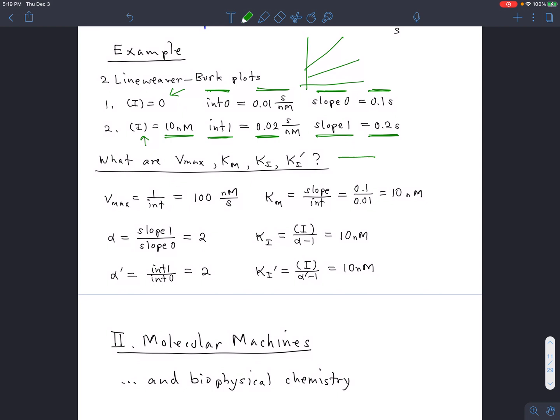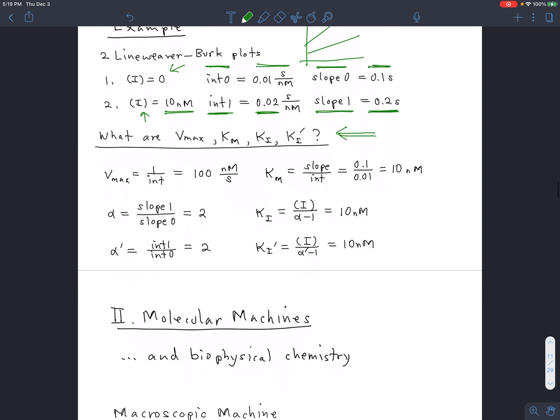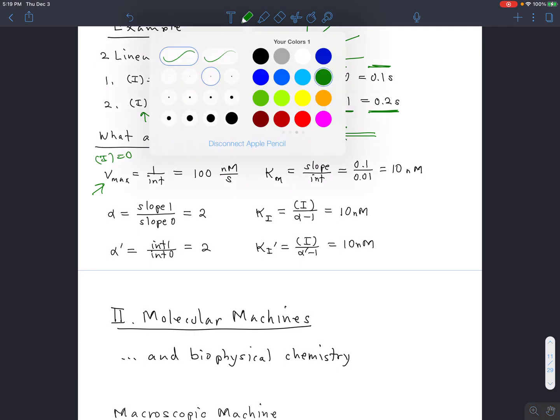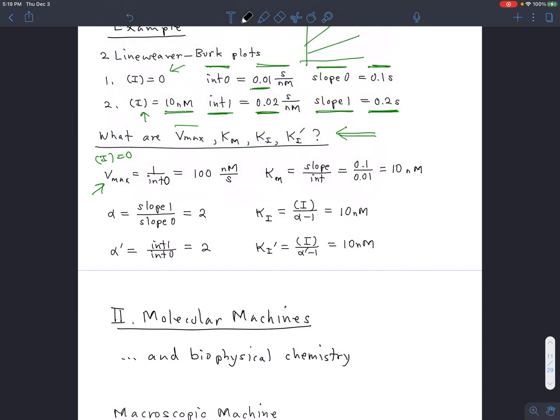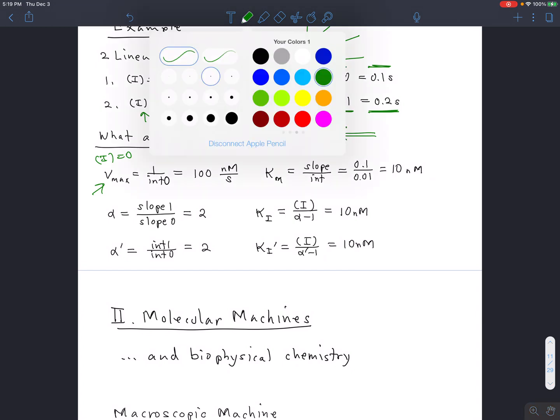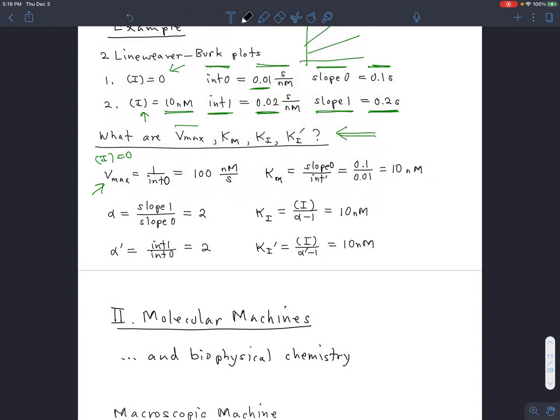And we want to find all 4 of the parameters for this mechanism. So Vmax, parameter number 1 here, is 1 over the intercept. That's 1 over this guy, when the inhibitor is equal to 0, right? So 1 over int 0. And likewise for these, this is slope 0 and int 0.